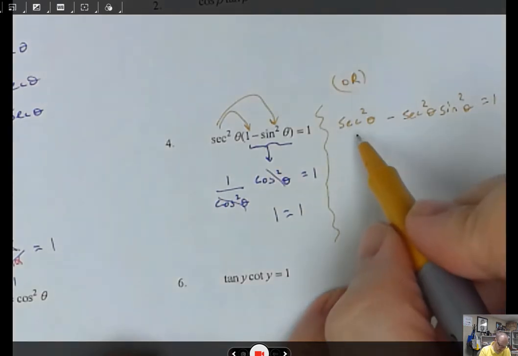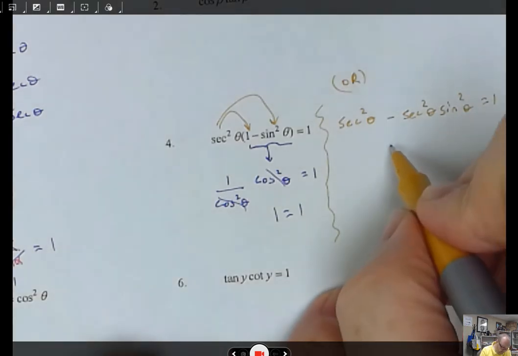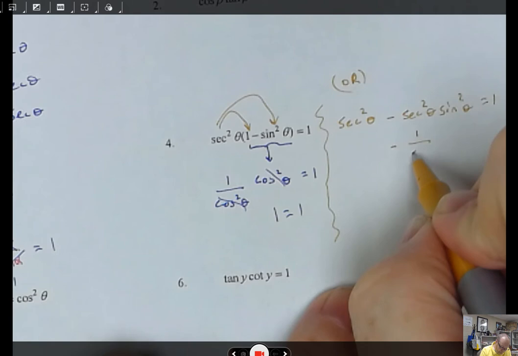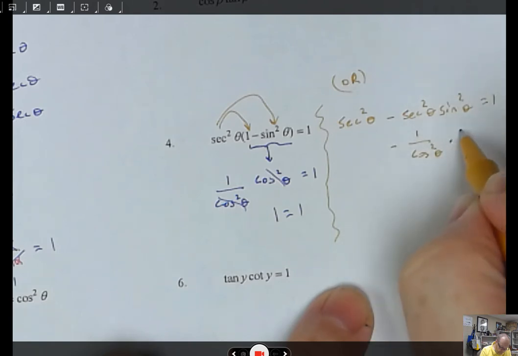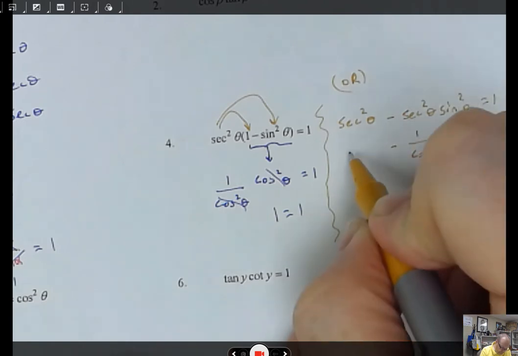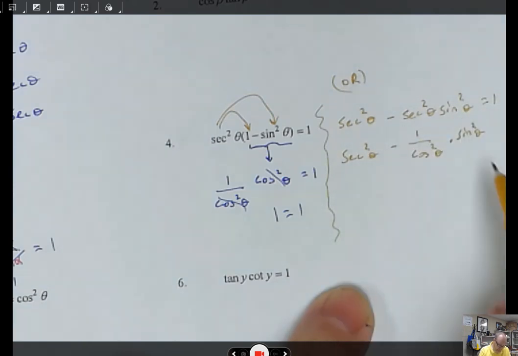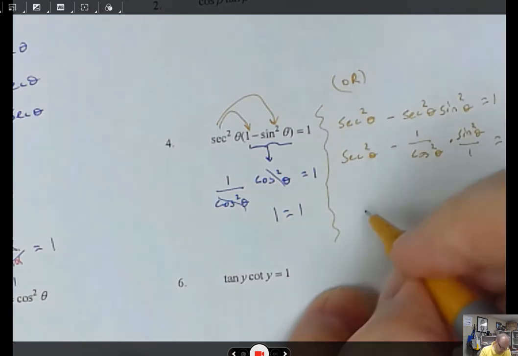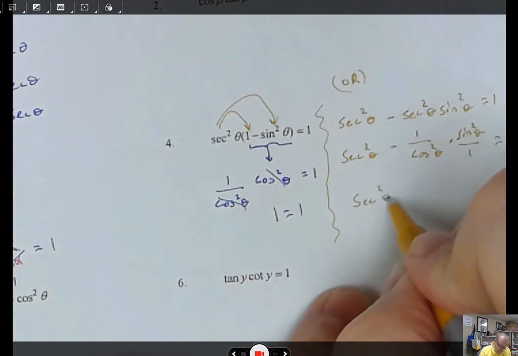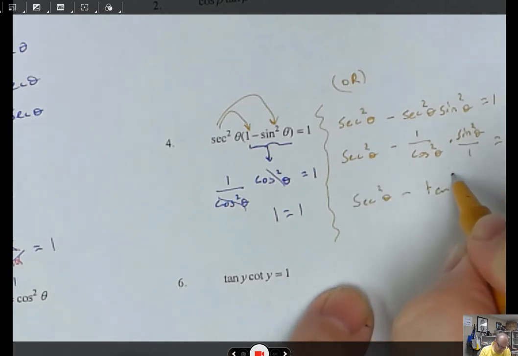And then look right here, secant squared is the same as 1 minus cosine squared. And so I'm left with sine over cosine, which is exactly tangent squared.